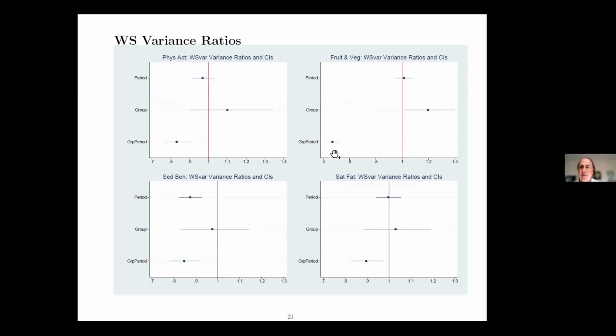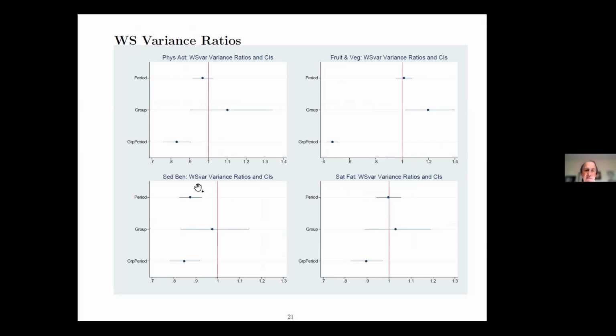Now what this is saying is they're very consistent in that behavior. So they're consuming fruits and vegetables at a higher level across time, and they're doing it to a more consistent degree. And here it's a factor of about 50%. So the variance for the targeted group is about 50% relative to the group that was not targeted.